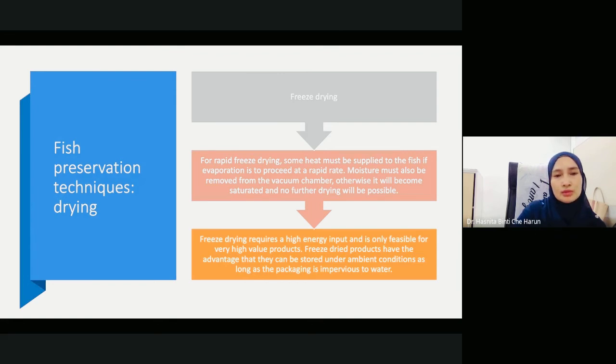So normally we adopt this technique for a very high value product. The advantage of this freeze dry product is that they can be stored under ambient temperature as long as the packaging is impervious to water.